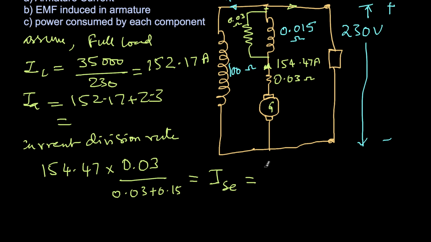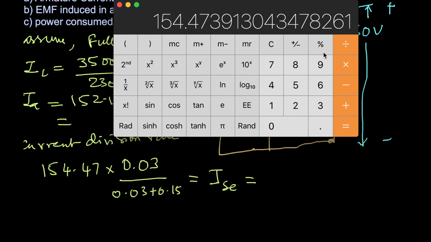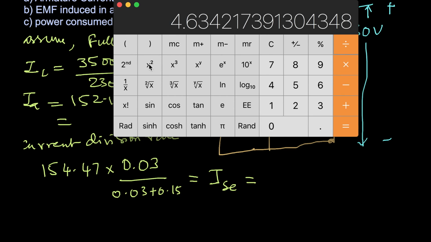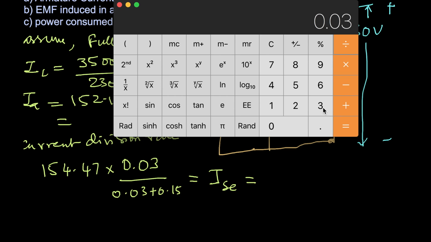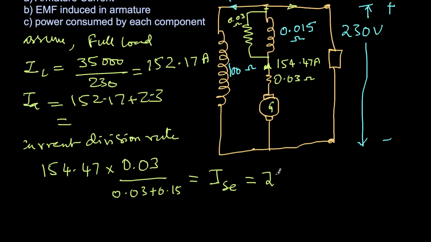So how much is that? I'll multiply with 0.03 and divide with 0.03 plus 0.15. So this will give me 25.74 amperes.